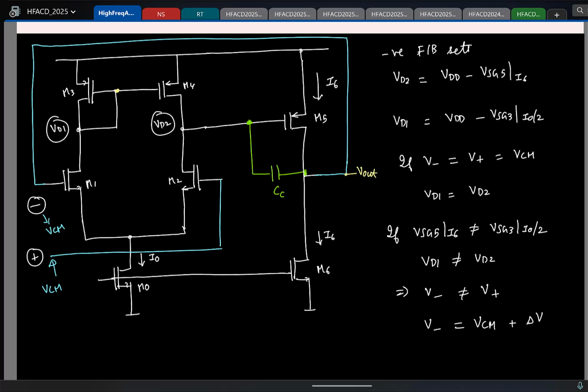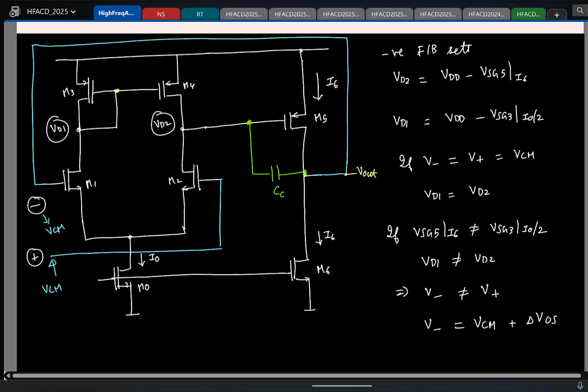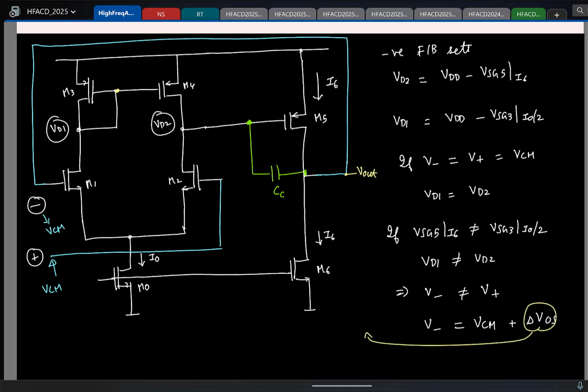It will be VCM plus some delta VOS, some offset voltage. And this offset we call the systematic offset. So is this clear why there is a systematic offset in the circuit? That is only when we choose the gate source voltages to be not equal.